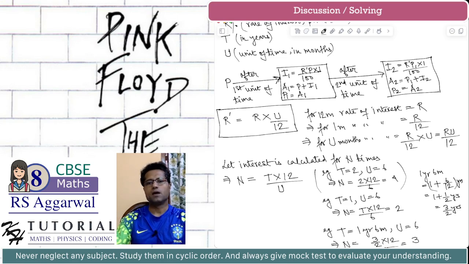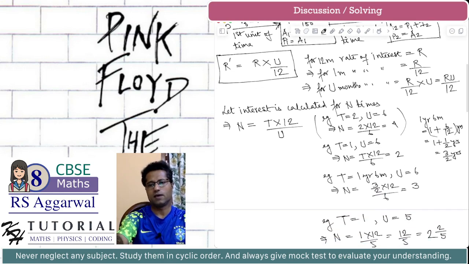So in a given problem, once we have found n, that will mean that for computing the amount, or for calculating the total interest, we have to do the calculation of interest for n number of units of time.